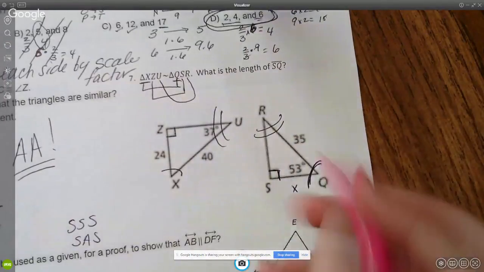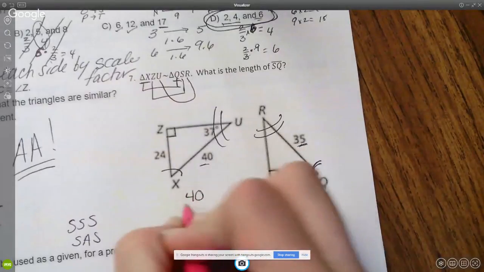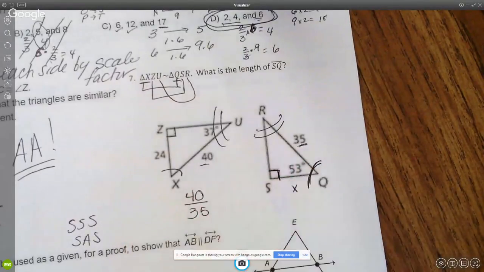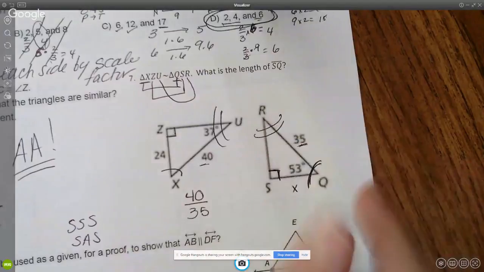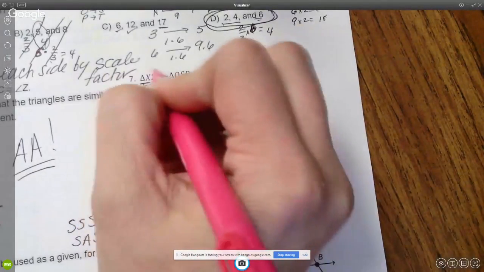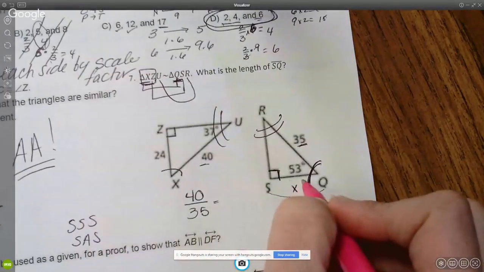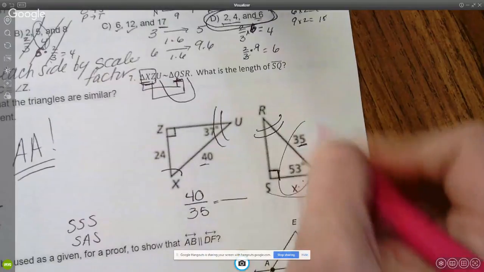So we do know that the hypotenuse, the 35 and the 40 match. So I'm just going to put 40 over 35. And then kind of remember, if we turn it, here's our SQ. Our SQ is the same thing as our ZX. So SQ will be in the denominator because we want to match these.